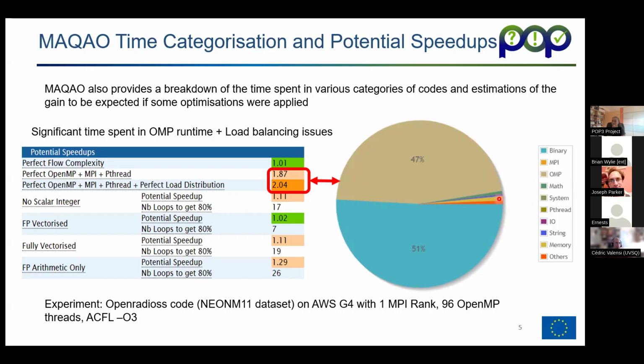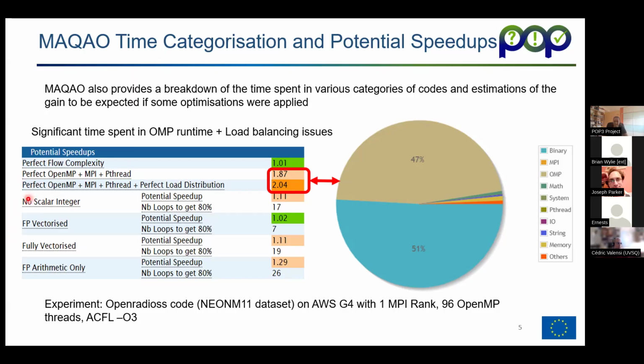Here we can see that we spend nearly half of the time in the OpenMP runtime. Another type of metric that Macao provides is potential speedups. Basically, this is an optimistic speedup that we could hope to achieve at the application level if a given optimization was made.